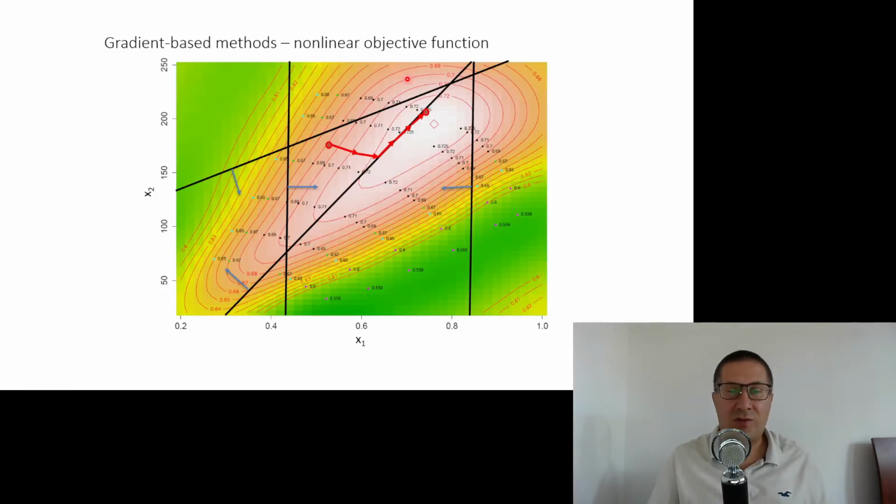I search for the optimal parameters of, I don't know, temperature, pressure, flow, right?